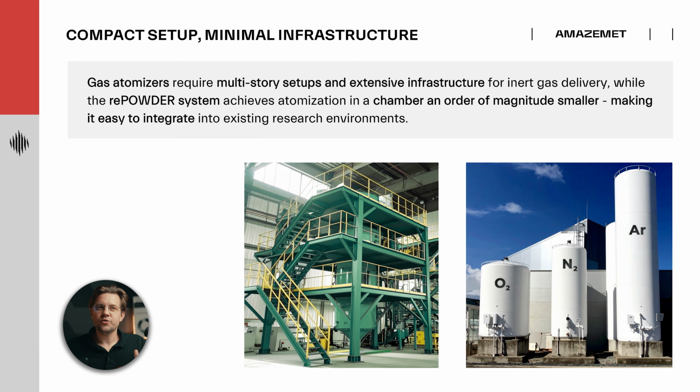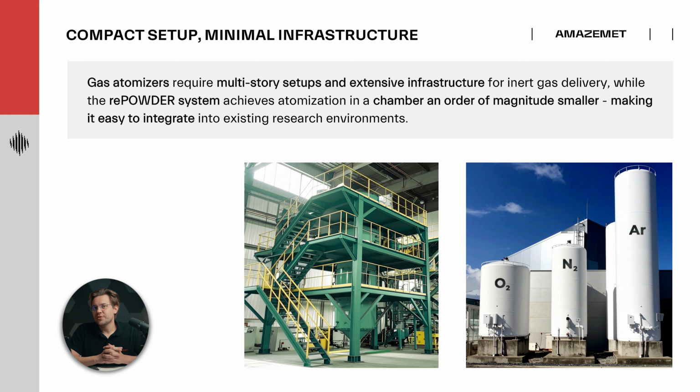Several meters are required for the particle to travel through inert gas at 100 meters per second and cool down to get our powder. That's why gas atomizers are usually setups two to three stories high, taking a lot of space in a laboratory or production floor.